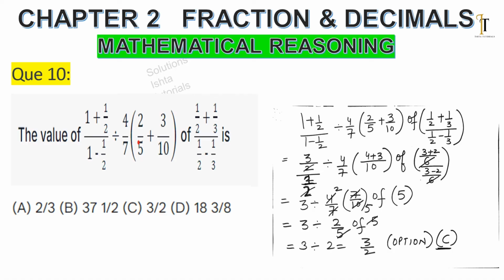On solving the bracket we get 4 plus 3 divided by 10 of, and again we solve this bracket and get 5 overall. Now on applying all the BODMAS steps, at the end we get 3 by 2, that is option C.